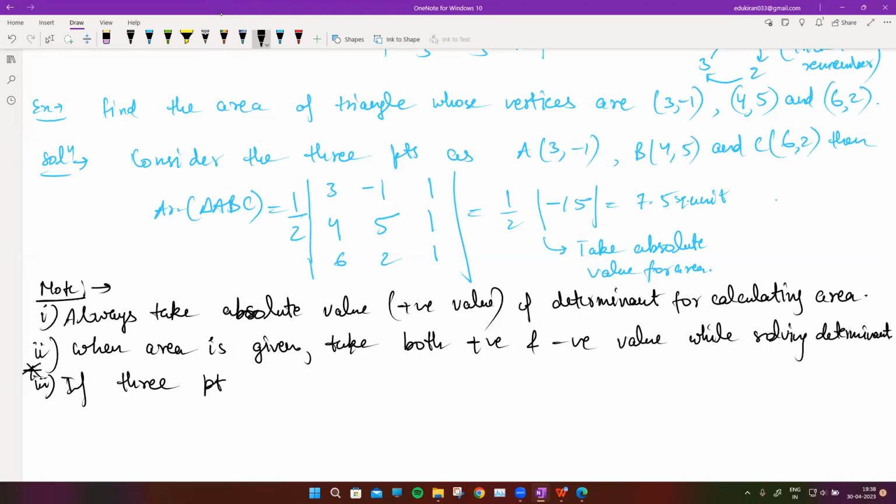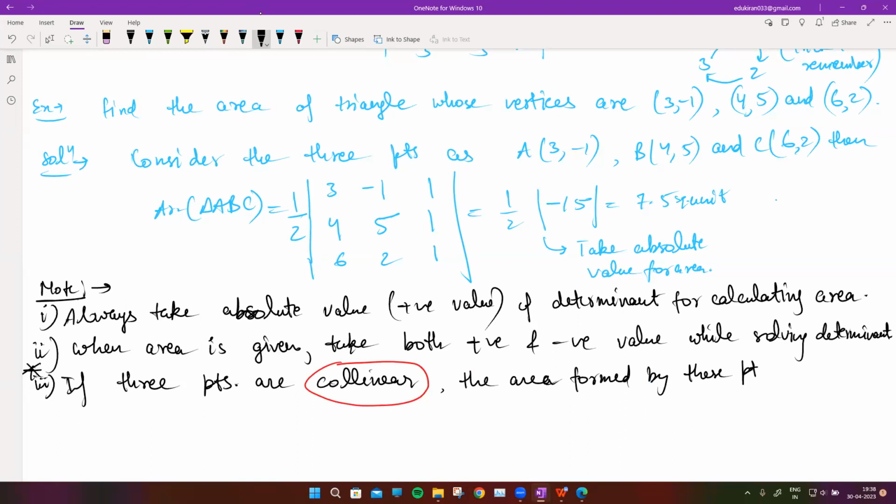If 3 points are collinear, can someone tell me what collinear points are? Correct, which lie on the same line.